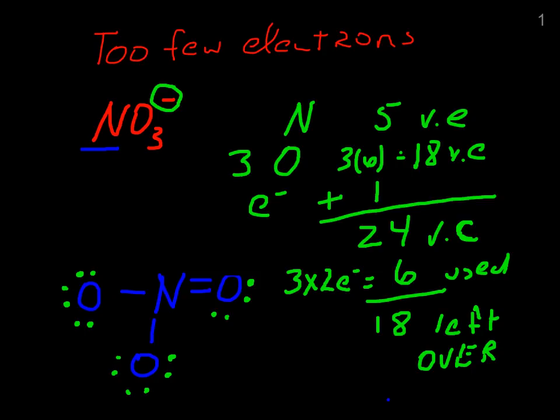So the nitrogen has 8 electrons. I'll change the color to do it, but 2, 4, 6, 8.